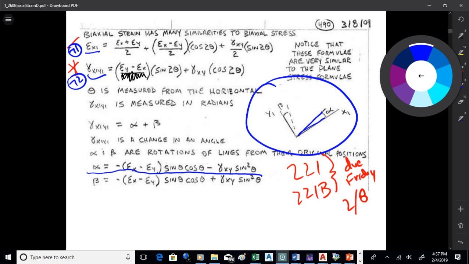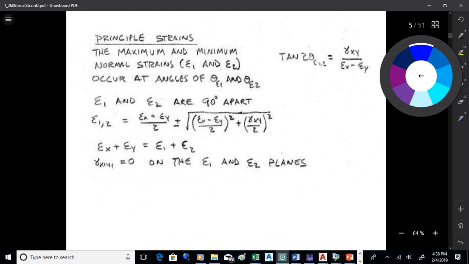Now this is biaxial. So just like biaxial stress, we've got principal strains this time. And if you look at those formulas for calculating them, they're quite similar to the biaxial stress formulas. The principles, the ideas are the same. You've got a formula to find the angle at which one of the principal strains acts.